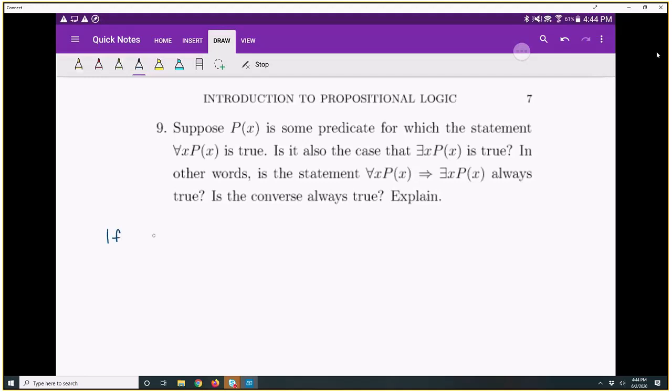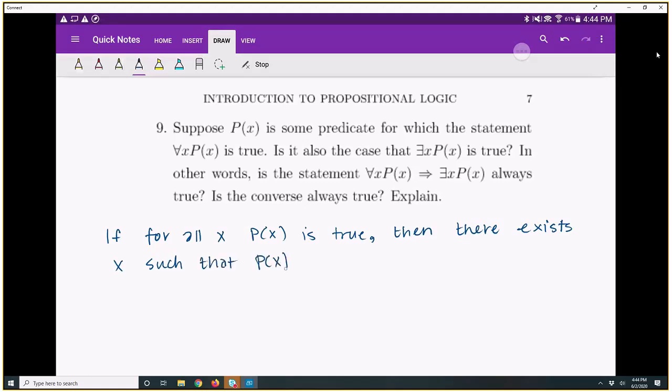So if for all x p of x is true, then there exists x such that p of x is true. This is absolutely the case if our domain of definition is the natural numbers, or really any non-empty set.